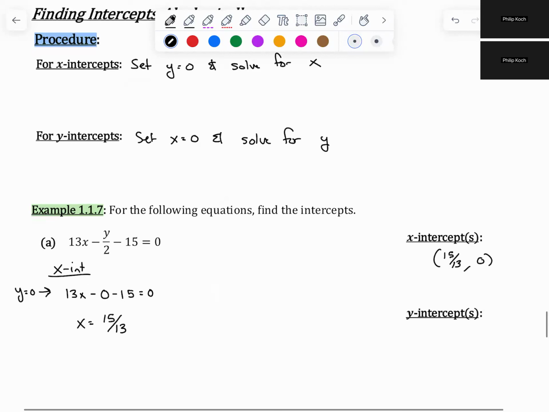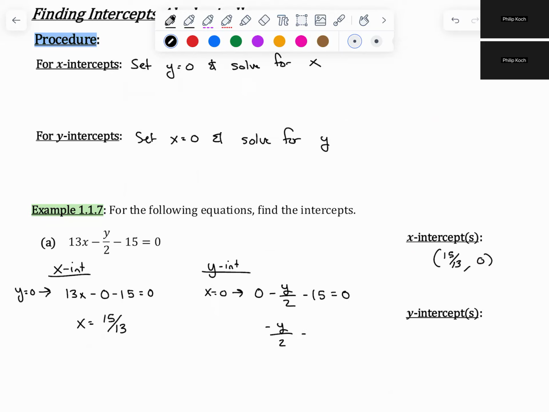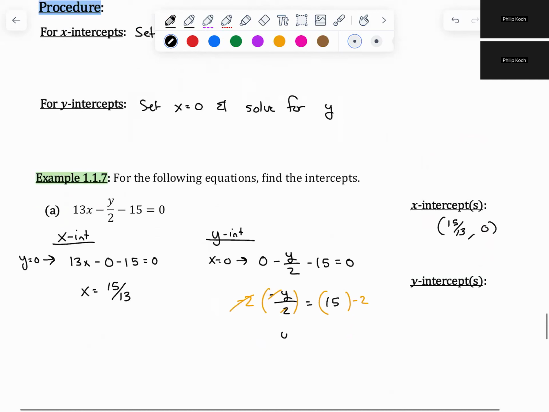And for the y-intercept, we'll set x equal to 0 and solve for y. So we get 0 minus y over 2 minus 15 is equal to 0. That would give me negative y over 2 is equal to 15, which I would then multiply both sides by -2 to get y is equal to -30.